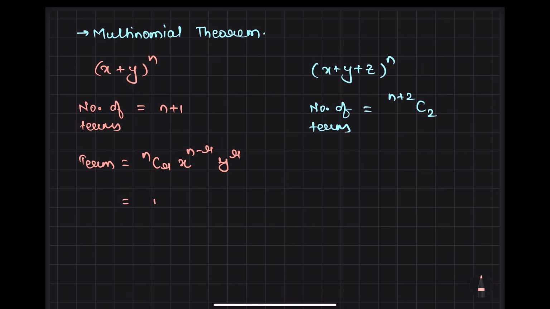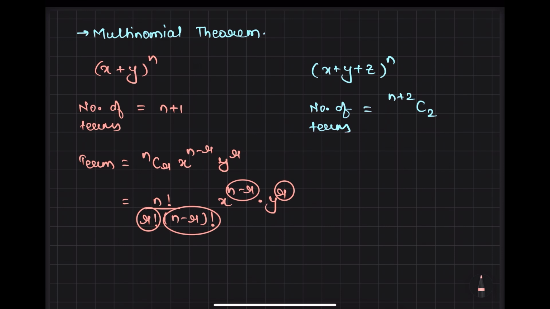Can I write nCr as n factorial over r factorial, n minus r factorial, into x power n minus r into y power r? Now be super slow. What is the power of y? r. And look at this, r factorial. What is the power of x? n minus r.